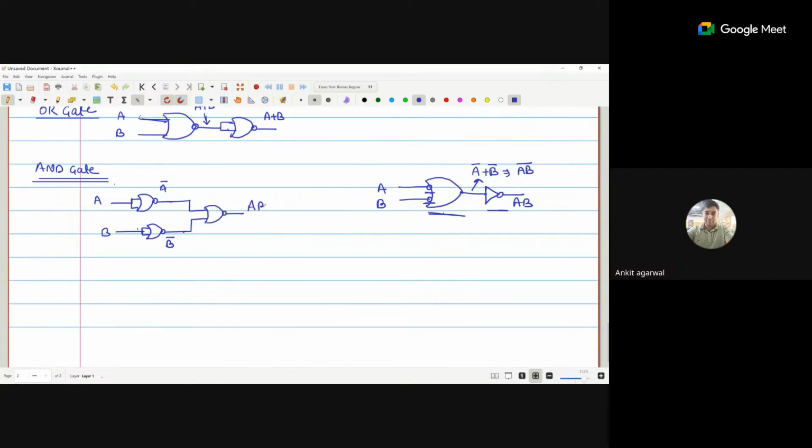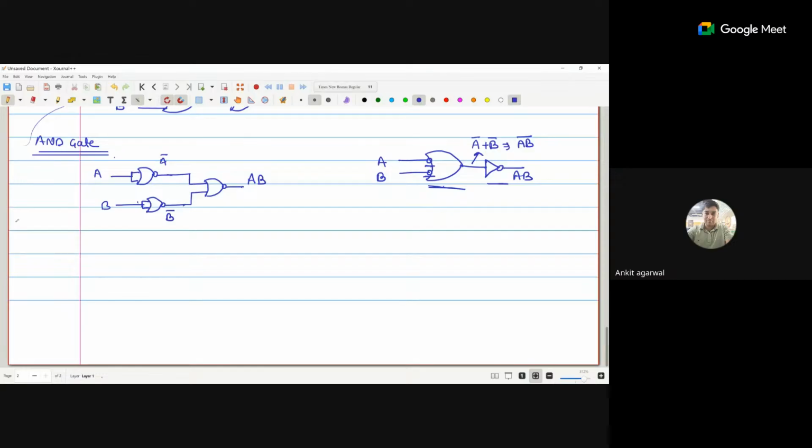So we are getting now the XOR: Y is equal to A B bar plus A bar B. So I just take Y bar, A B bar plus A bar B whole bar.